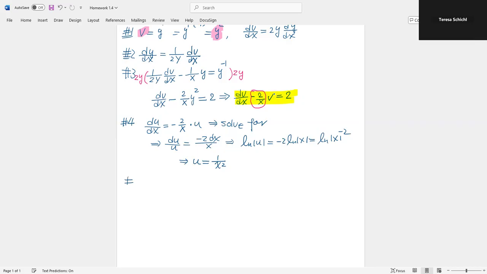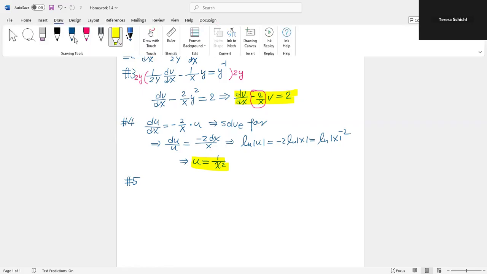Then our next step, after we find this integration factor, is that I need to multiply the previous equation, the one highlighted in yellow, with this integration factor.